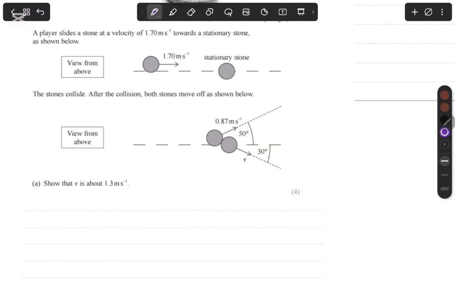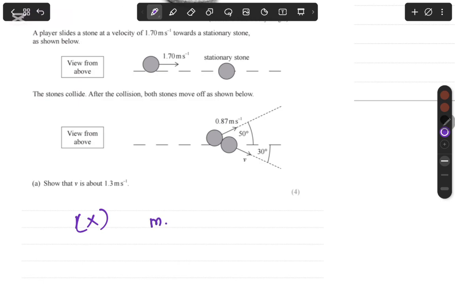Now there's another way you can do this as well. You can say that in the x direction, the initial momentum is equal to the final momentum, total initial, total final, both are the same thing.